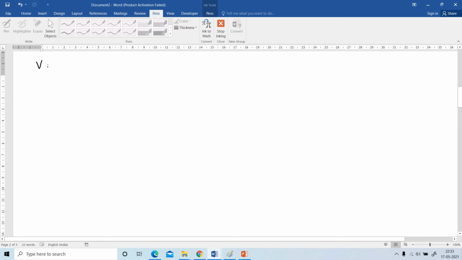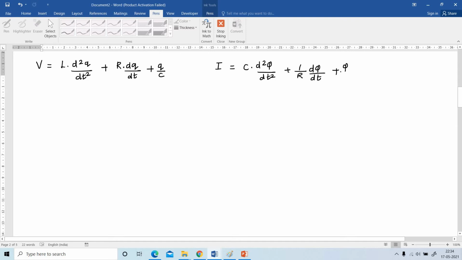First write the voltage equation: V is equal to L into d square q by dt square plus R into dq by dt plus q by C. Next, I am going to write I. For force current analogy, I is equal to C into d square phi by dt square plus 1 by R into d phi by dt plus phi divided by L.